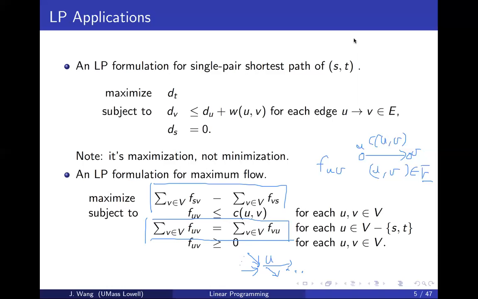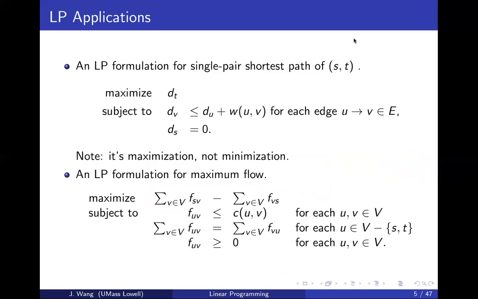As we know, this is the flow: the amount of flow going out from S, subtracting the flow going into S. Of course, this part could be 0, but this is just the flow. So we want to maximize that flow. That is an easy formulation.